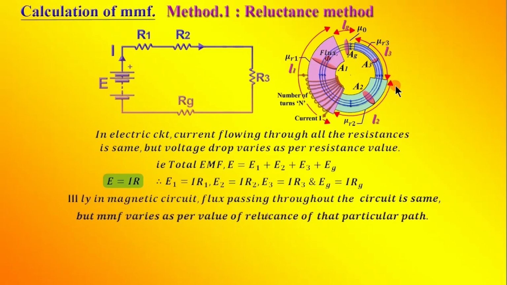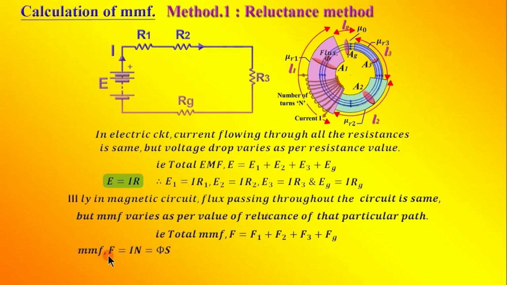Similarly, in this magnetic circuit, the flux passing throughout the circuit is the same, but the MMF varies as per the reluctance of that particular path. That is, the total MMF F is equal to F1, the MMF of this path, plus F2, the MMF of this path, plus F3 plus Fg.